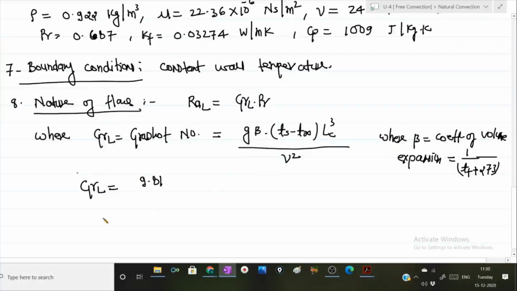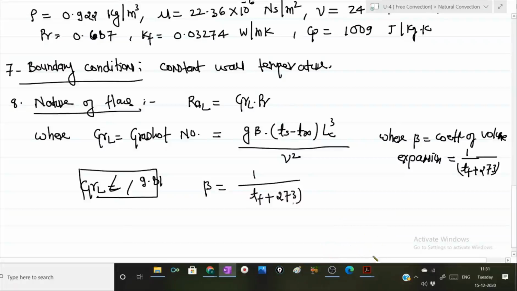Let me write this. This is very important parameter. Beta is equal to 1 over, reciprocal of mean film temperature in Kelvin. That is, we have calculated mean film temperature as 110 degrees Celsius plus 273. So unit of this beta will be 1 upon Kelvin. Okay. So this way I can calculate beta.